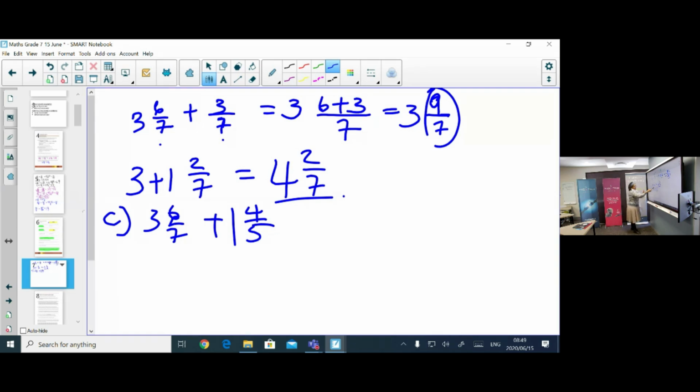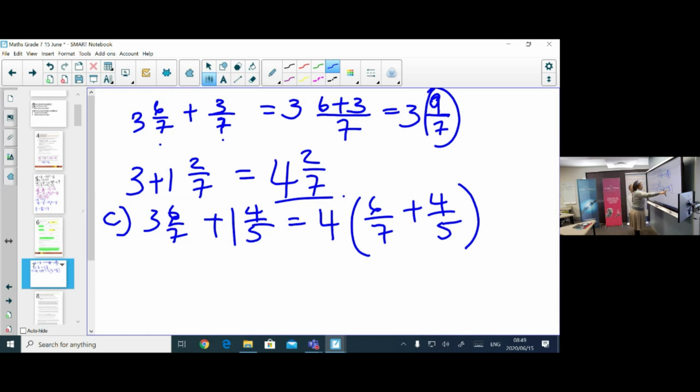Remember, we cannot just add. The denominator is different. So we have to find this one as our whole. Or we can say 1 plus 3, which is 4, and then add our fractions, which is 6 out of 7 plus 4 out of 5.